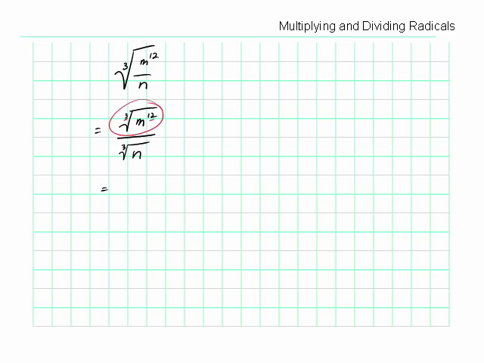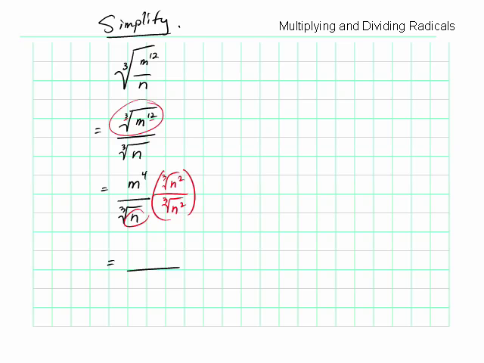It's m to the 4th over cube root n. Now to rationalize the denominator, I have to create a perfect cube. So to turn n here into a perfect cube, I need 2 more n's. I need to multiply by cube root n squared over cube root n squared.